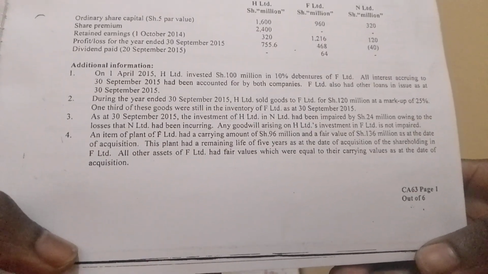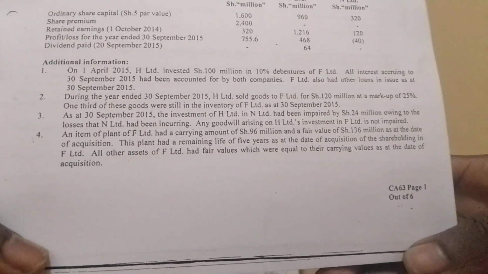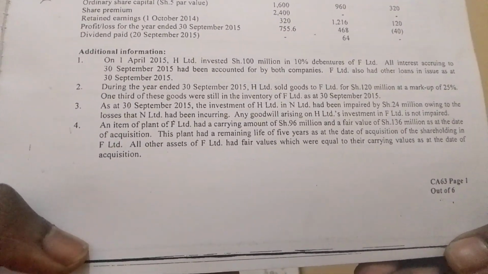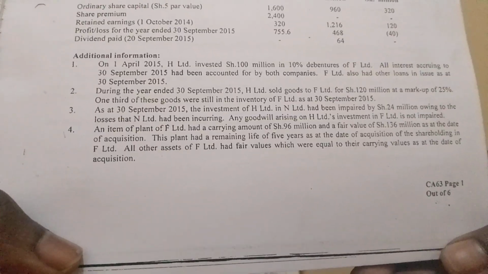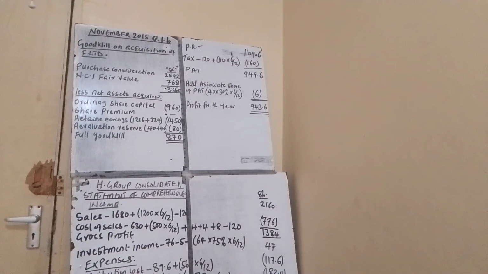All other assets of F Limited had fair values which were equal to their carrying values as at the date of acquisition. So we turn to the next page, point number 5.